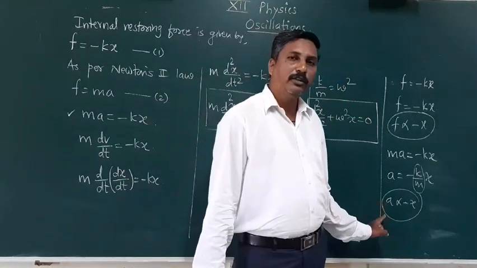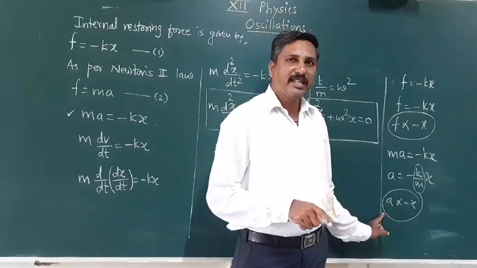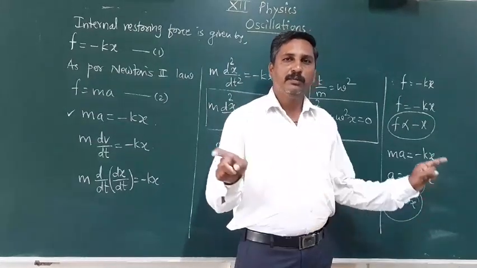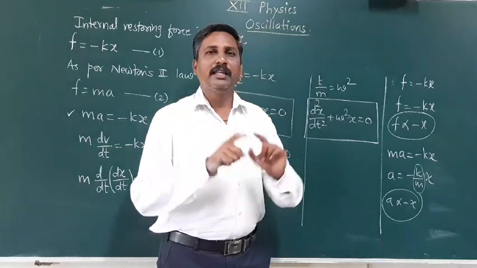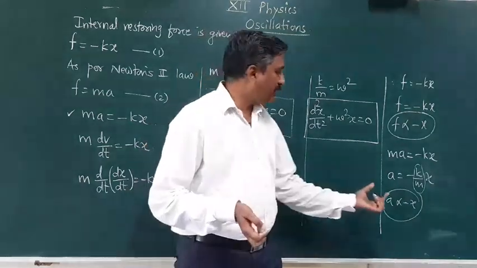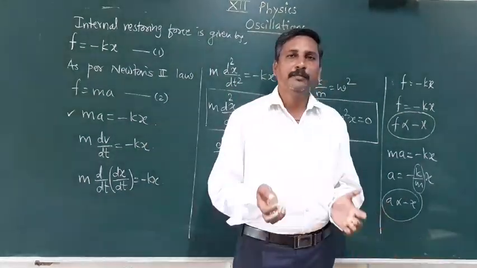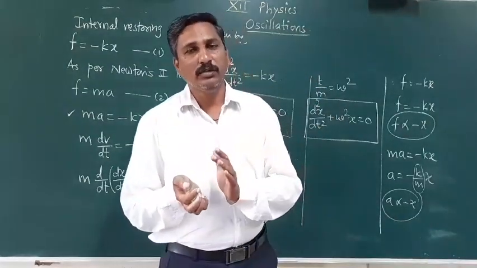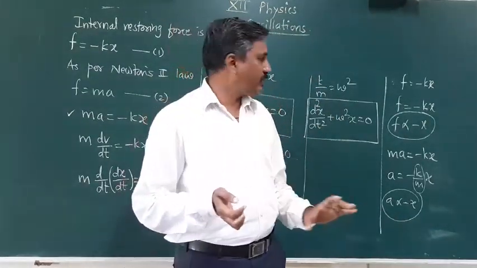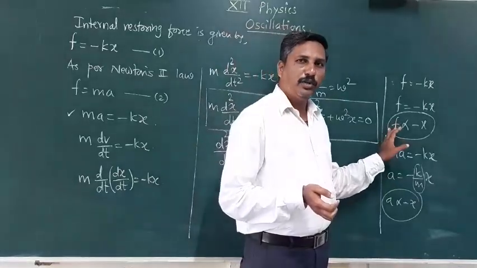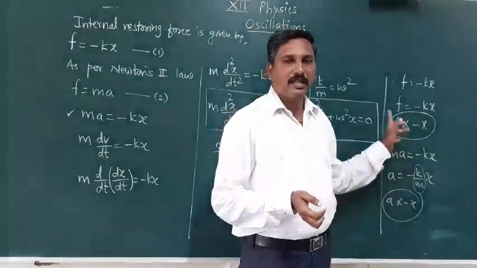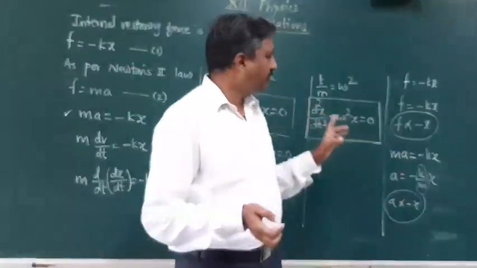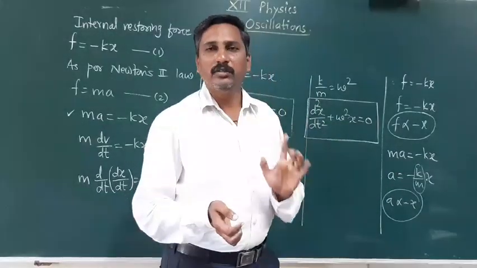From this we again conclude that the magnitude of acceleration and magnitude of displacement are directly proportional to each other and their directions are opposite to each other. That type of motion is called linear simple harmonic motion. So we are getting two sets: F is proportional to minus x and a is proportional to minus x. These are the two conditions of simple harmonic motion.